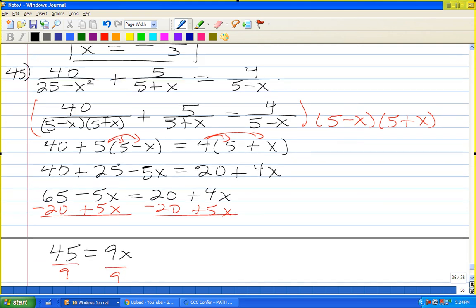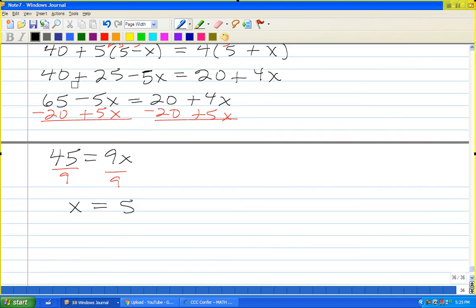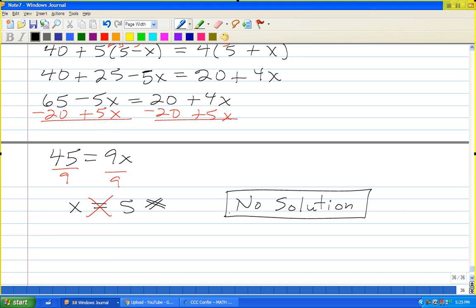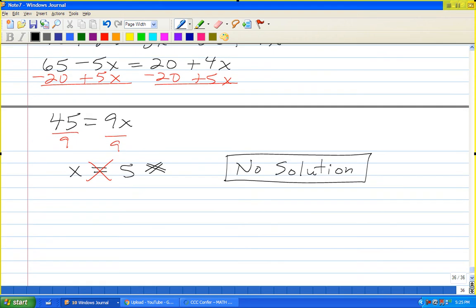But if you plug 5 in, notice that you're dividing by 0 here. So 5 is not a solution. Therefore, this equation has no solution. Okay, let me do problem number 46.